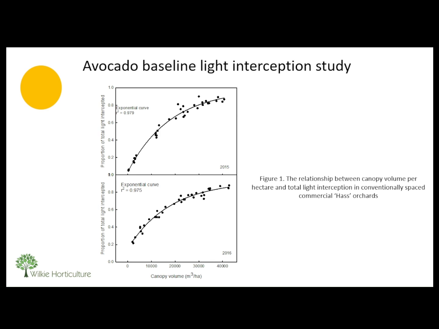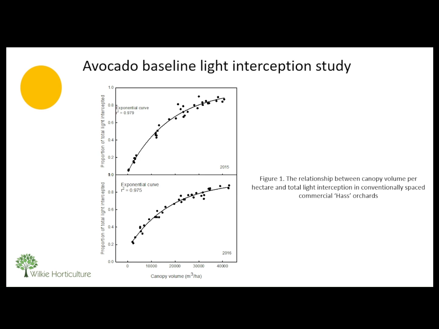So what we find is, just above 0 canopy volume, so a very small tree, soon after planting, as we increase canopy volume from low canopy volumes, we're getting a very strong increase in the amount of light intercepted.